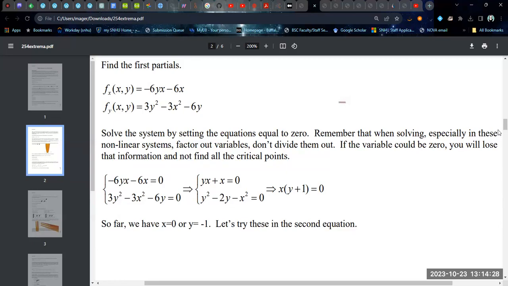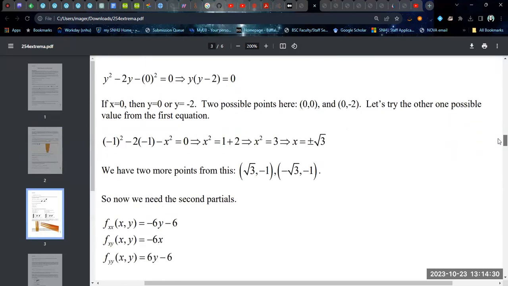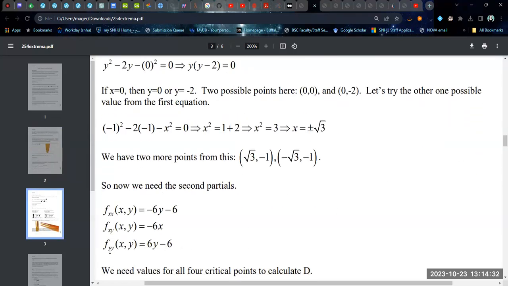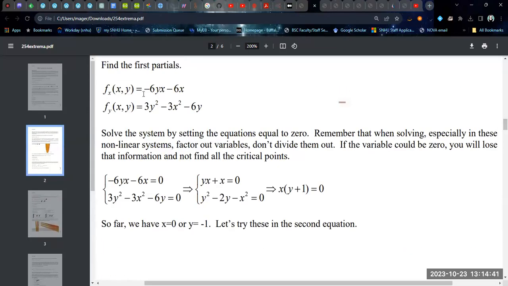This one is going to be 0. And then if I go to the second derivative, the one for y, and take the derivative for y again, going back up here, there's a 6y here, and I'm also going to get a 6 from here. This one will be 0.